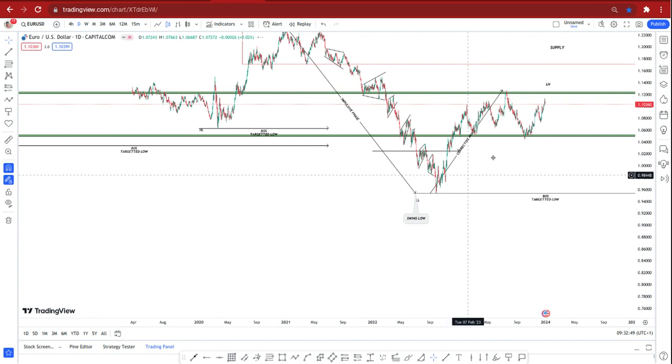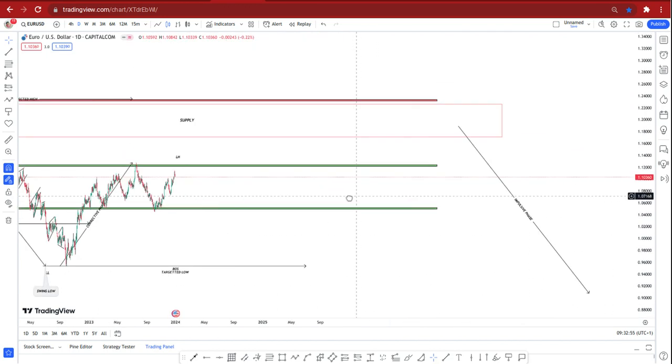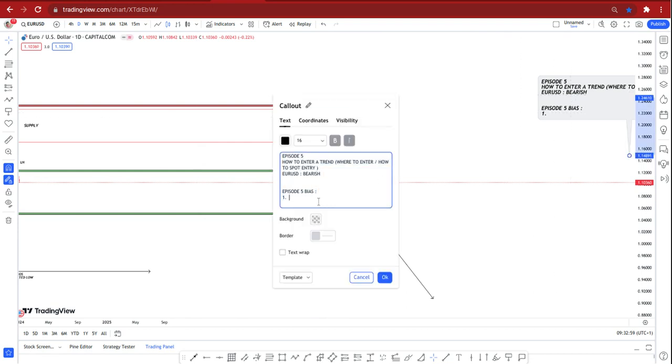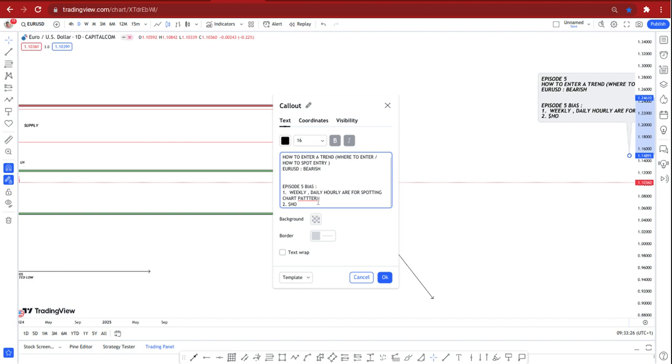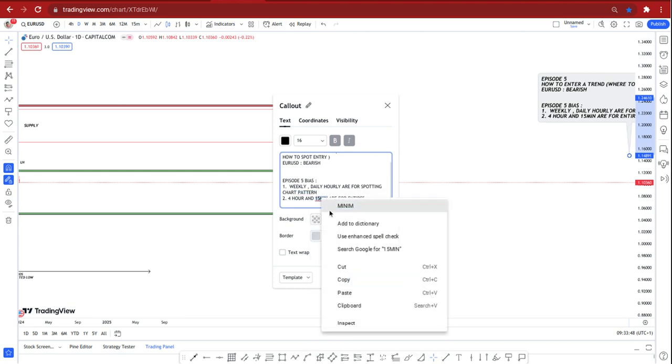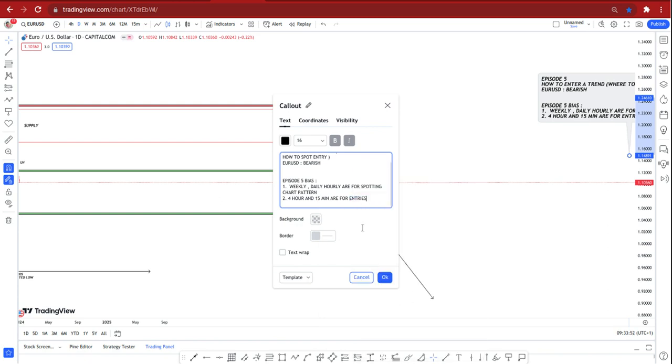So my bias here is weekly, daily, and hourly for spotting chart, then 4 hour entries. 4 hour chart pattern, 15 minutes entries. All right.